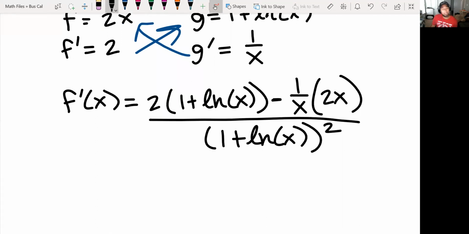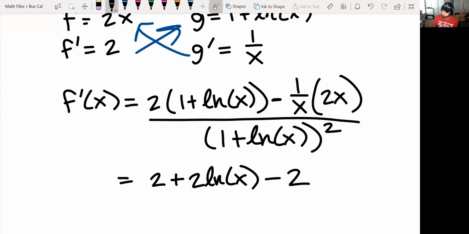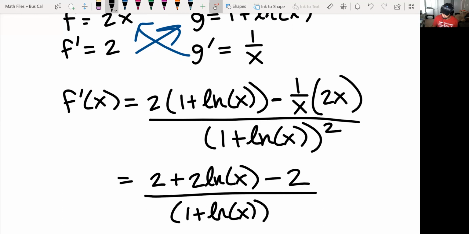Calculus is done. Algebra on, home stretch. 2 plus 2 natural log x minus, and 1 over x times 2x is just 2. Over the same denominator.